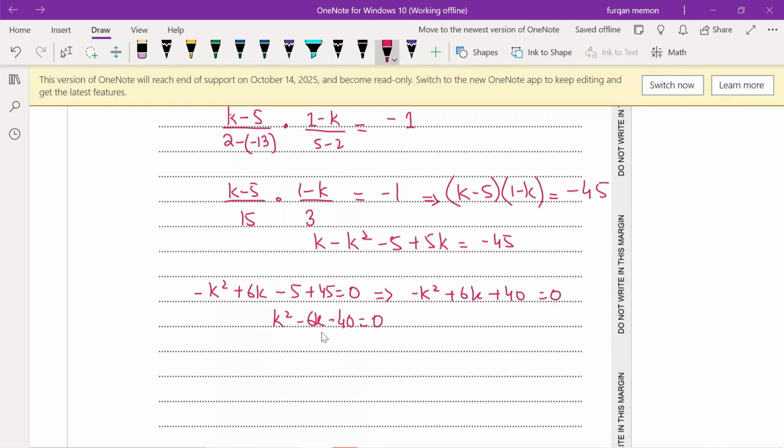This is a quadratic equation, so we can use the quadratic formula or factorization.